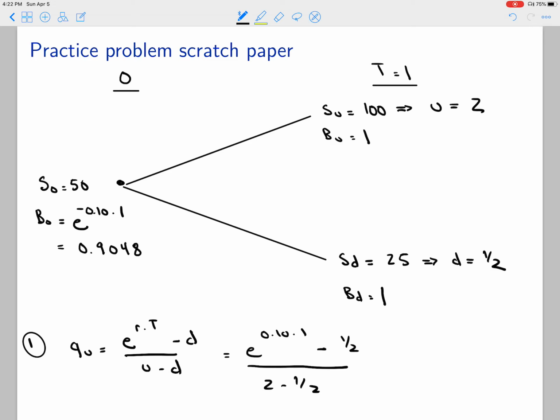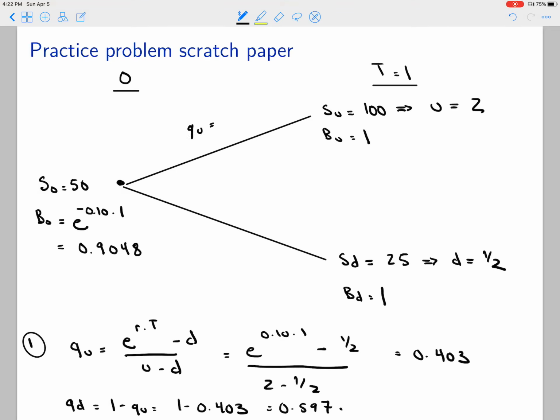This is going to be equal to 0.403. And hence QD, the risk-neutral probability of the down state, 1 minus QU, is equal to 1 minus 0.403, which is equal to 0.597.